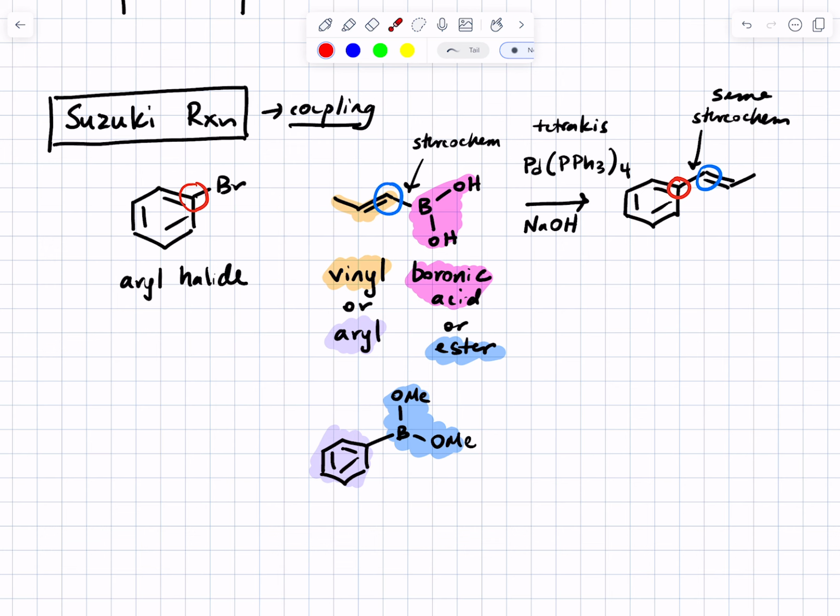There's not that many options. It's literally like clicking 2 Lego pieces together, right? So being able to predict products in this kind of reaction is actually pretty easy if you memorize the reagents and the substrate scope, by that I mean the kinds of molecules that do this reaction. And then you just connect the dots.